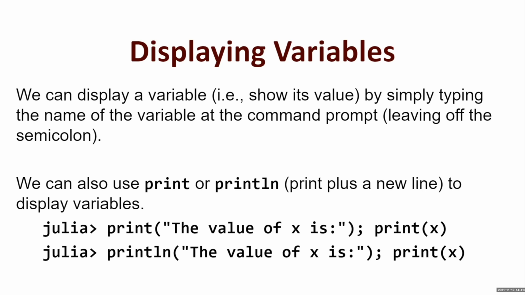I don't know who designed this language, but I don't think there's really a need for that; it just saves you a backslash n, which is the new line symbol. But anyway, whoever designed it has the freedom to do whatever they want.